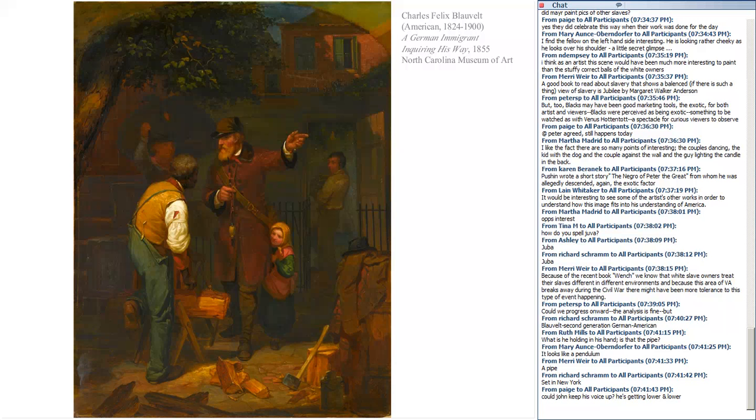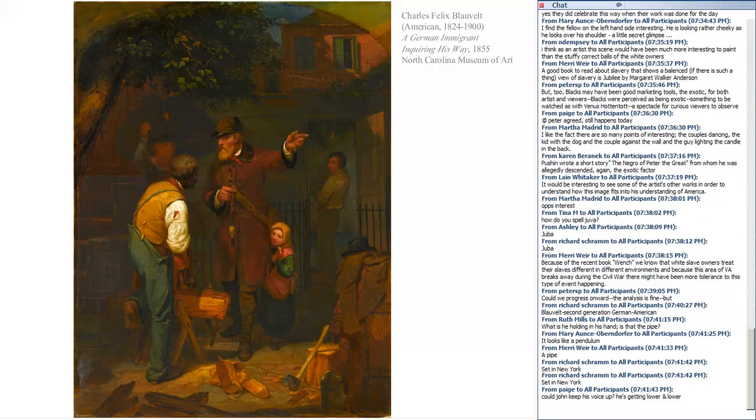So you have the axe that is laid aside. You have the bucket of what I would like to think is beer in it, but who knows? Over at the lower right, the hat and coat are put aside because it's hard work. They have been working. It's quite sweaty work.